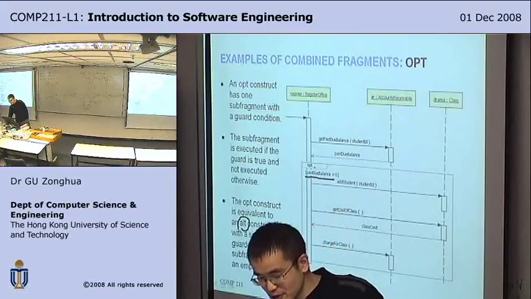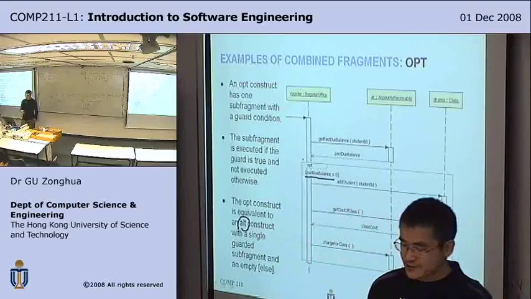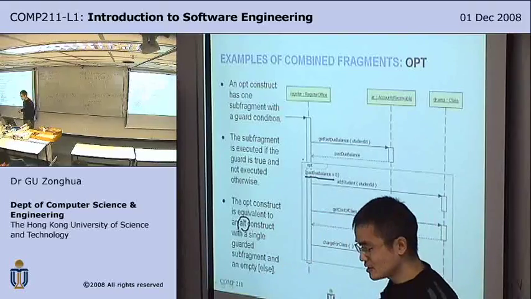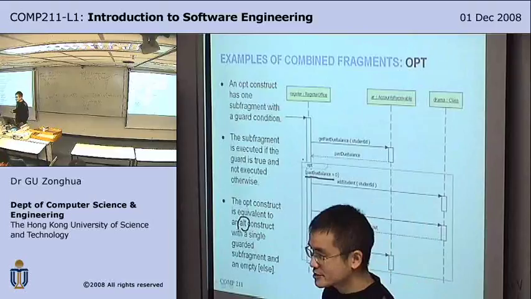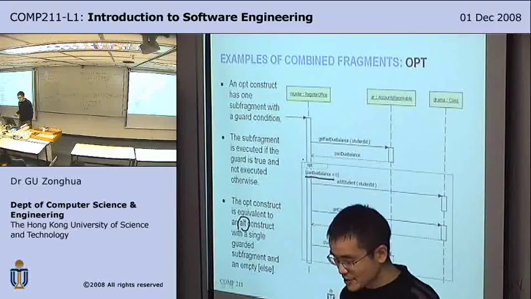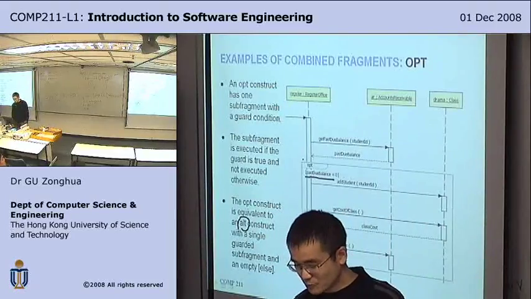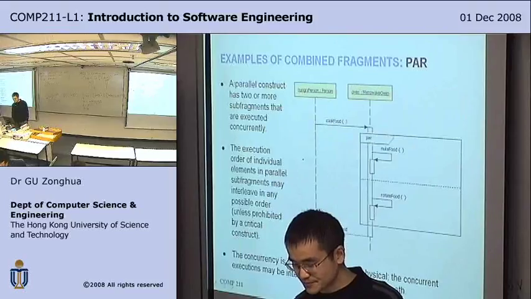Notice there's also a difference from break, right? If it's a break, if the guard is true, you execute the break fragment, then you exit. You skip the rest of the sequence diagram. But here, you execute the rest of the sequence diagram anyway, whether it's true or false.